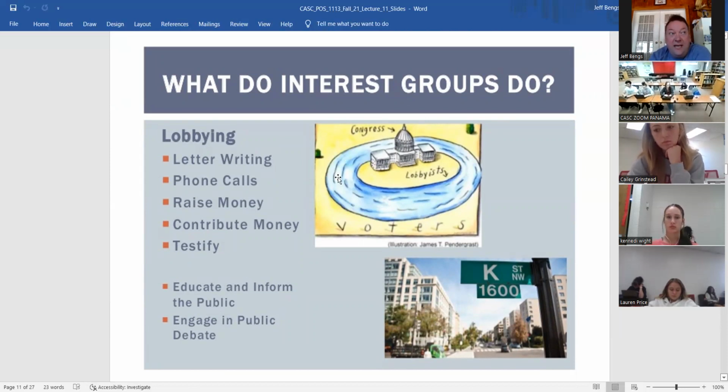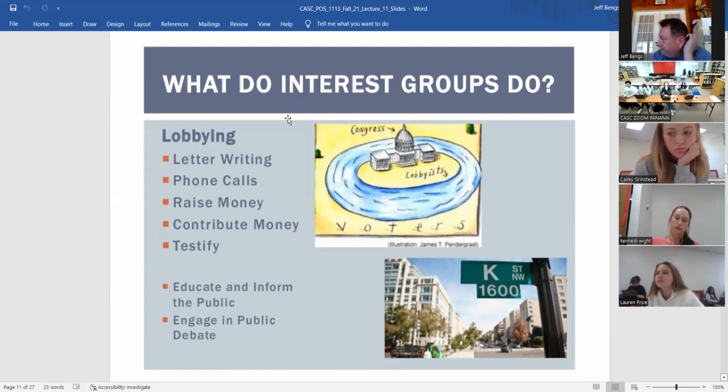And what that means is they set up an office in Washington, D.C. So there's an NRA office in Washington, D.C. There's a PETA office in Washington, D.C. And then people who are a part of them will go to Congress on certain days and they will lobby, which means they will try to meet with congressmen and women and influence them on policy.